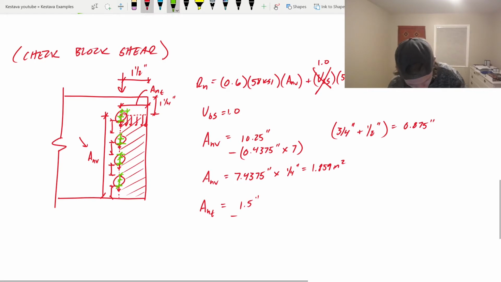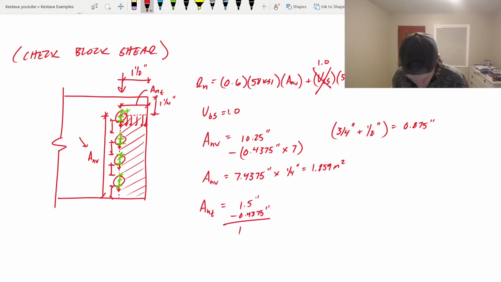We know 1/2 of a bolt hole is just 0.4375 inches. That is going to equal 1.0625 inches. Multiply that by 1/4 inch for the plate thickness, gets you 0.265 inches squared. All right, now we have everything.